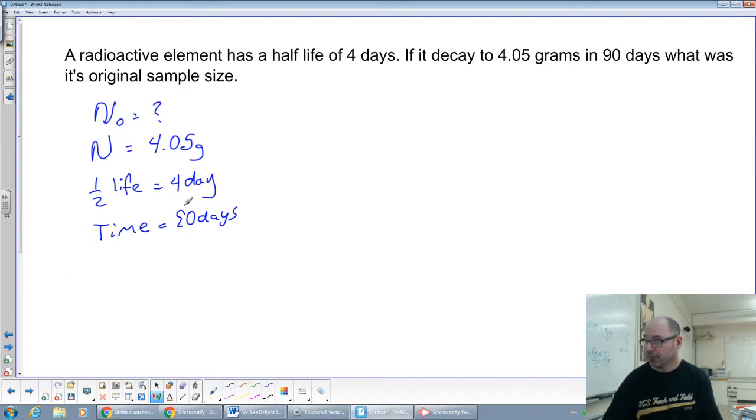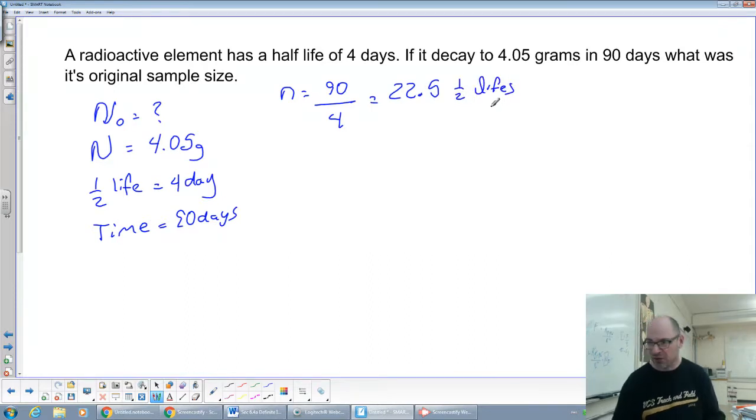So little n is equal to 90 over 4, which on our calculator doesn't give us a round number, but it gives us 22.5 half-lives. So that means we're going to have to work backwards.